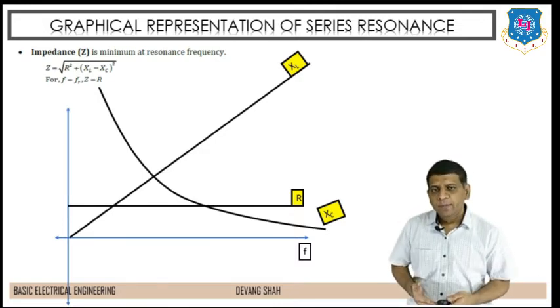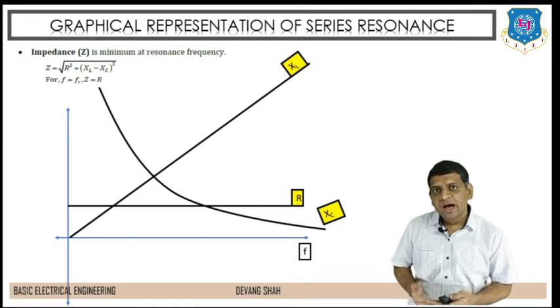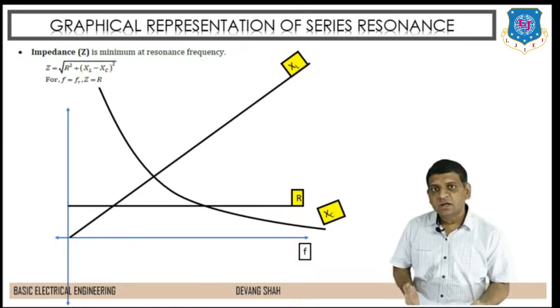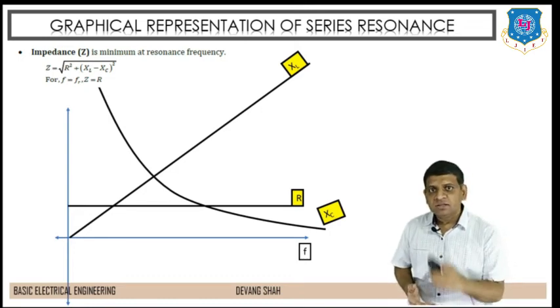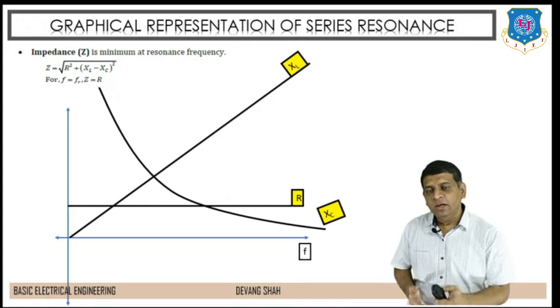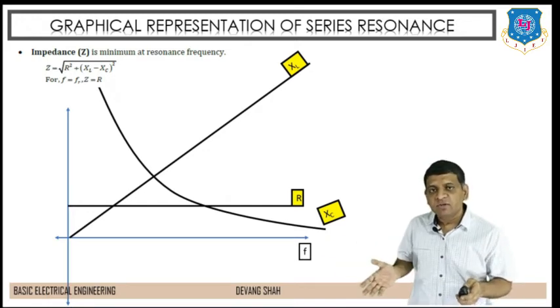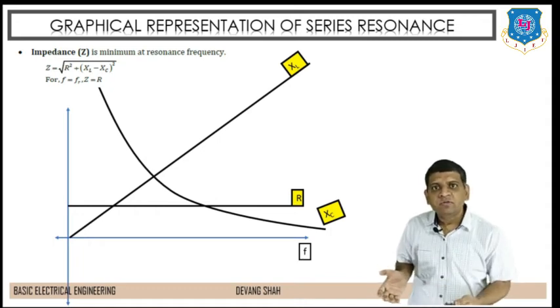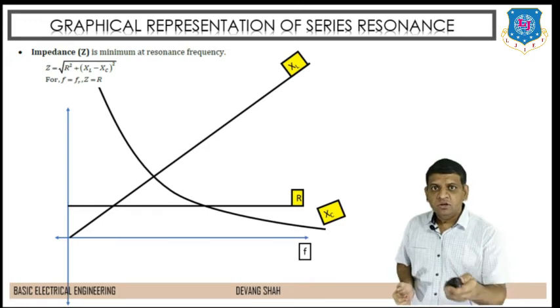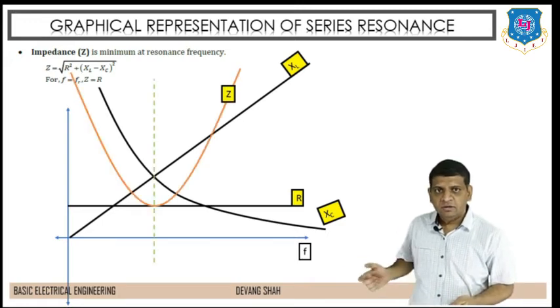Now see here, impedance Z is equal to under root R square plus (XL minus Xc) whole square. Since this is a resonance condition, XL is equal to Xc, so Z is equal to R, but this Z is equal to R at only the resonant frequency. So from this frequency axis, I can consider one point as my resonant frequency, where the value of Z is equal to R. So that will touch the value of R here.